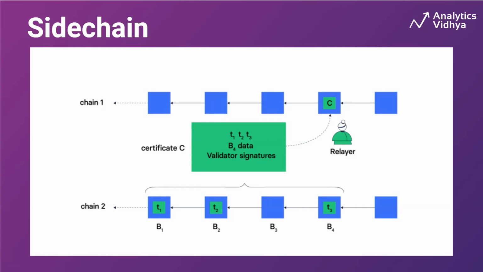That package is handled by the relayer smart contract, and the smart contract sends it as a single transaction to the main chain.